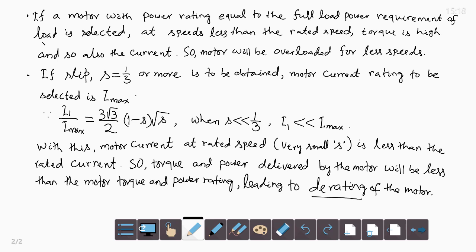So, with this, when the slip is very small, current is less than maximum current. So, motor current at rated speed, when the slip is very small, is less than the rated current.